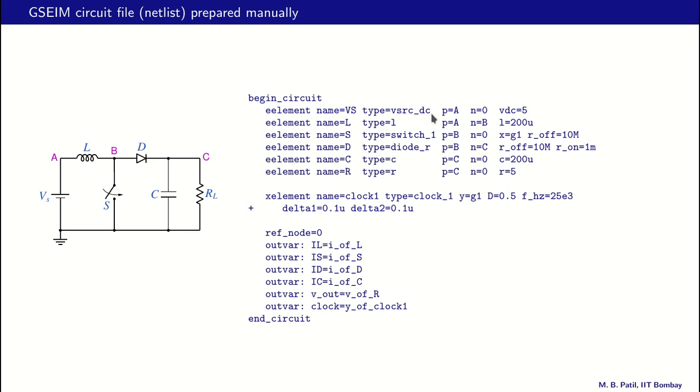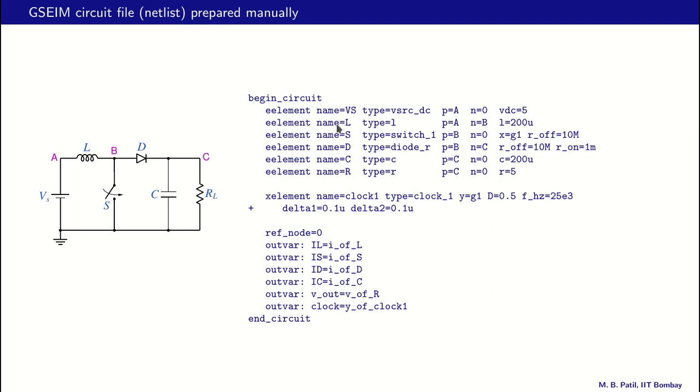And this particular element VSRC DC has two nodes, P and N. We have assigned A to node P, and 0, which is the same as this ground here, to node N of Vs, and its value is 5 volts.